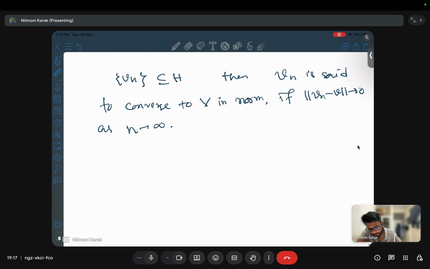Let us see the definition of a weakly convergent sequence. So a sequence Vn of vectors in the Hilbert space H.